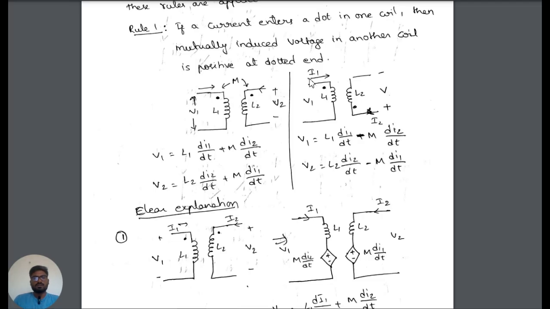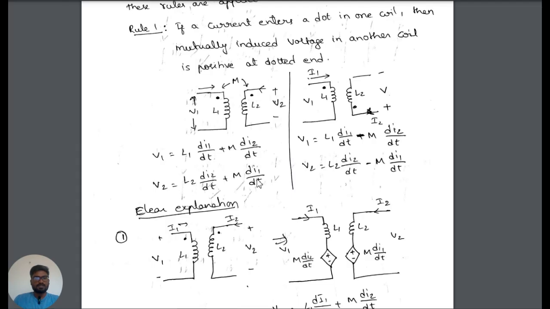As here in this circuit, the current is entering, so in the coupled coil 2, the dotted terminal is assigned a positive value. Similarly for rule 2 also. Here, as the current is entering, the voltage equation for this circuit is written like this.